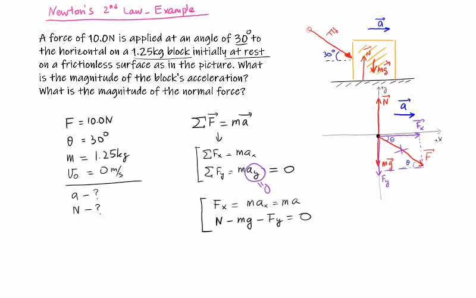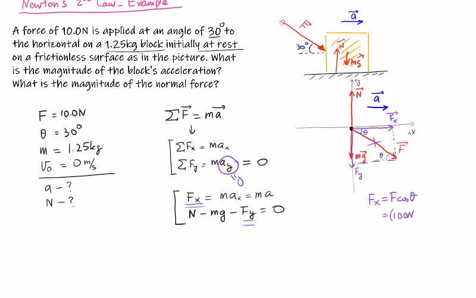Now, one more thing: we don't really know what our Fx and Fy are, but maybe we can do a side work and find them from the components. Fx is the adjacent side of my angle theta, so that is F times cosine theta, which if I plug in the numbers is 10.0 newtons times cosine 30 degrees.